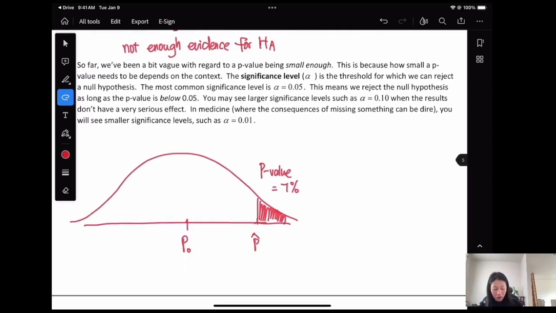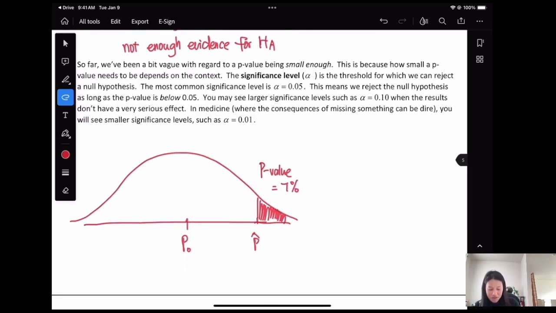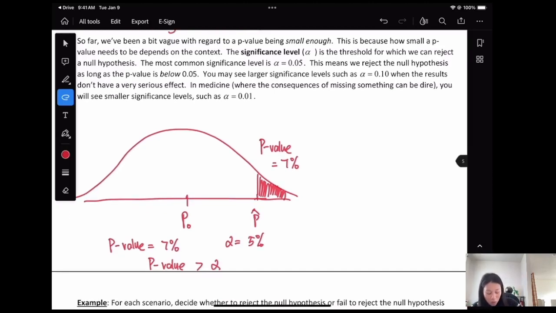If our significance level is 5%, which is alpha equals 0.05, then our p-value is 7% and alpha is 5%. That means our p-value is greater than alpha, right? Because 7% is greater than 5%. Then we will say, hey, our p-value is not significantly small.